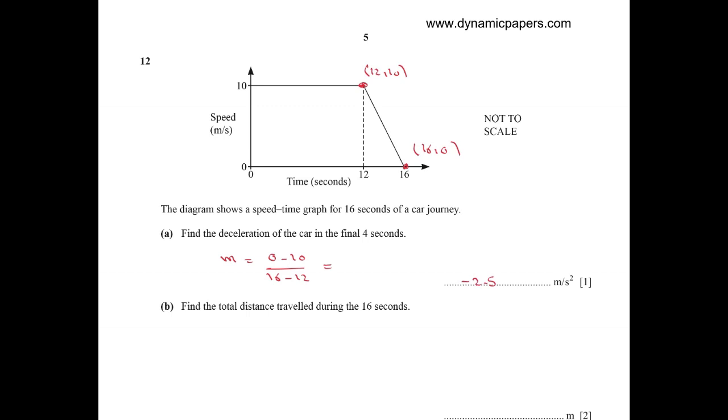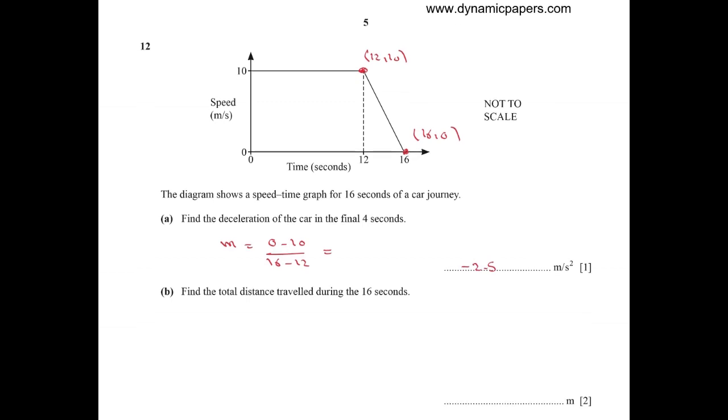Find the total distance traveled during the 16 seconds. The total distance means to find the area under the graph. The area under the graph, this shape is a trapezoid. To find the area under the graph, we have to find the area of this trapezoid. The area of a trapezoid equals base 1 plus base 2 over 2 times height.